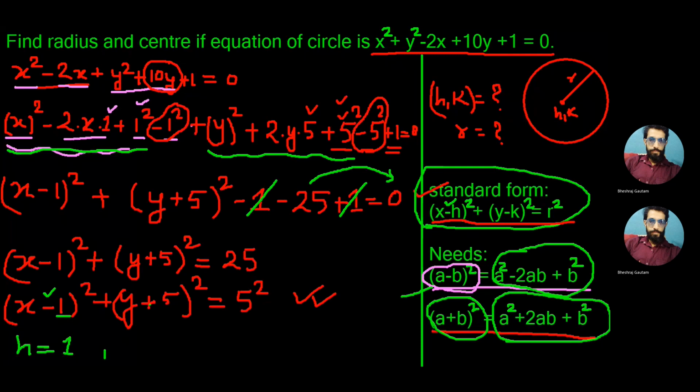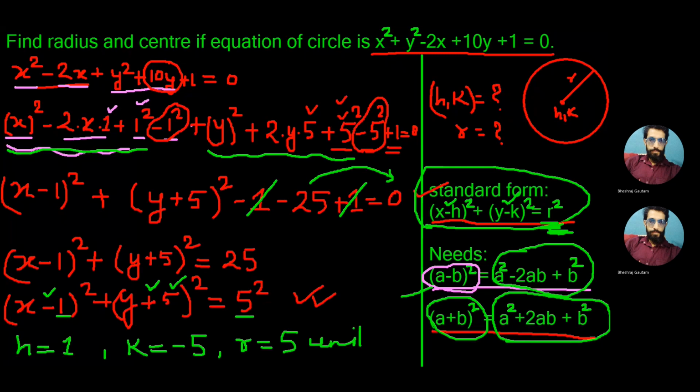Similarly, this plus and minus from formula, plus and minus when multiplied is equal to minus. So we write k is equal to minus sign, and in place of k there is 5. So minus 5 will be the value for k. Similarly, on the right side, this 5 is in place of radius. So we'll write r is equal to 5 units.